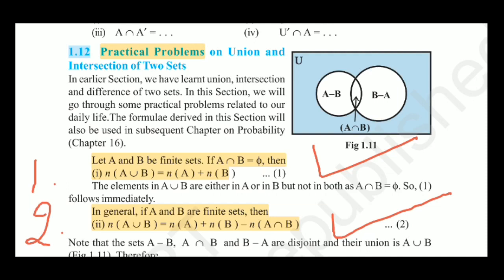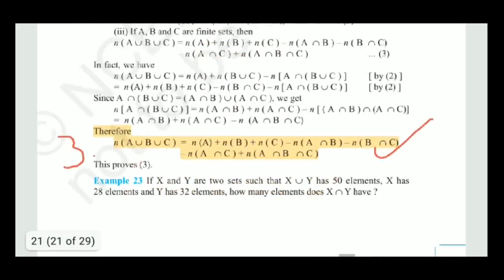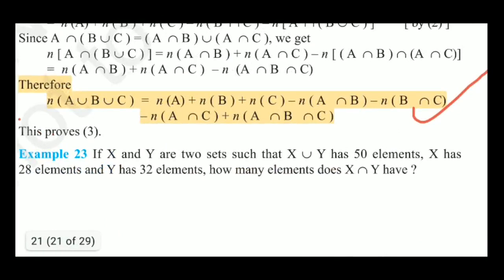If it is not given, then the result is the number of A union B is equal to the number of A plus the number of B minus the number of A intersection B. Please note down these two results. And one more result is there. When you have three sets, A, B and C, please note down this third result.